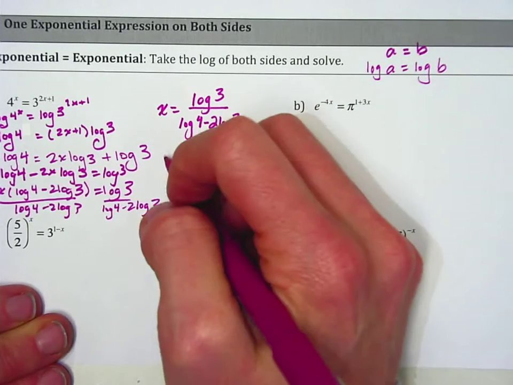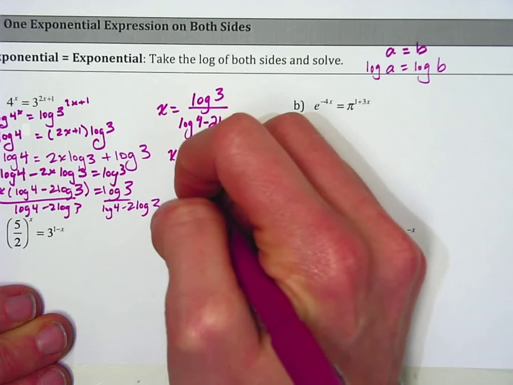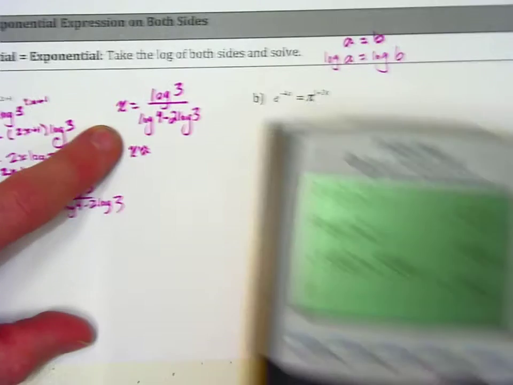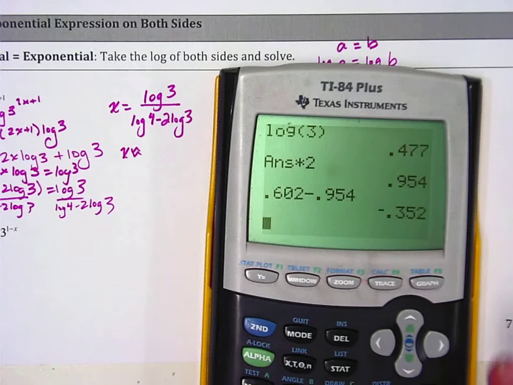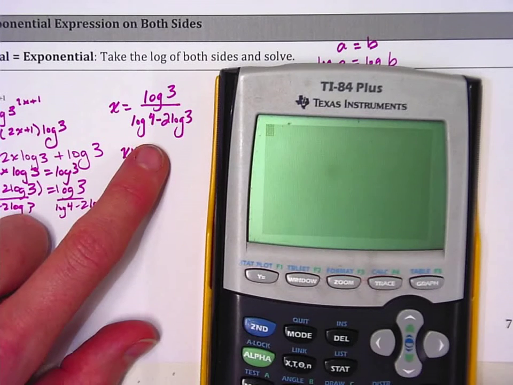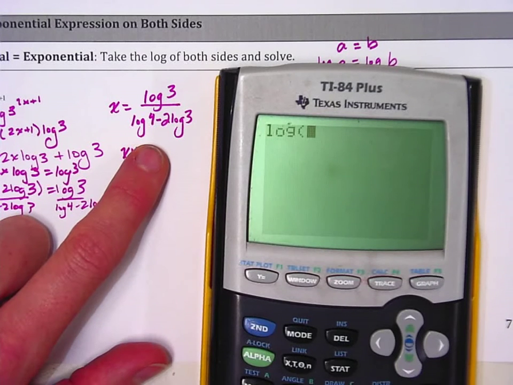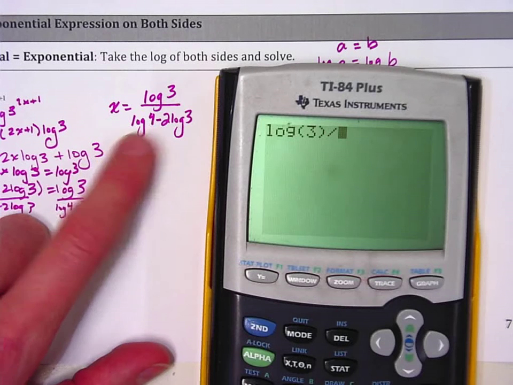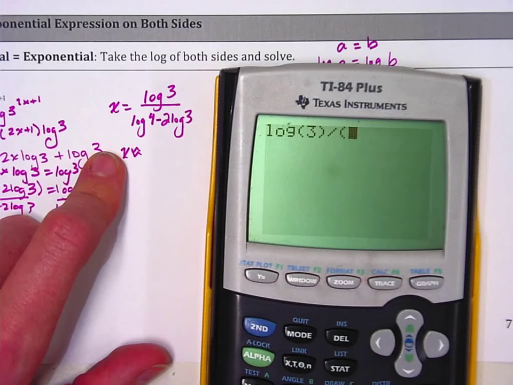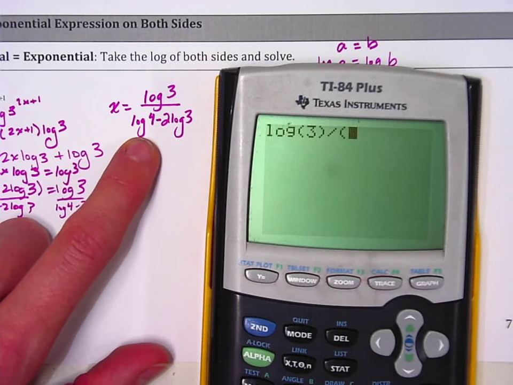So now what we need to do is the approximate answer. And what's nice about this one is it doesn't matter if you have the newer program or not, because we have a common log button. So we have log of 3 divided by, now you do need to be careful. If you're going to do this in one step, you need to put parentheses around the whole denominator to get it all in one spot.